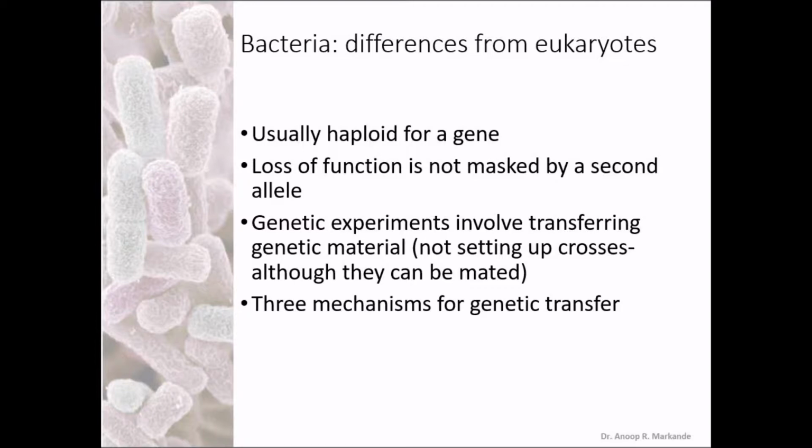Here it is all in a single haploid structure, hence loss of a secondary allele is not seen. Genetic experiments involve transferring genetic material, not setting up crosses, although they can be mated. This is specific to the prokaryotic nature. There are 3 major mechanisms of genetic transfer which we will study in further modules.